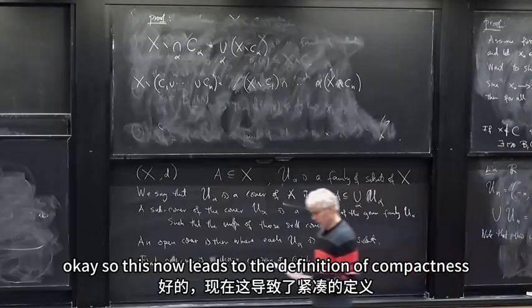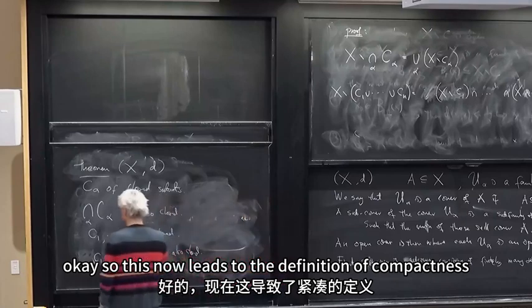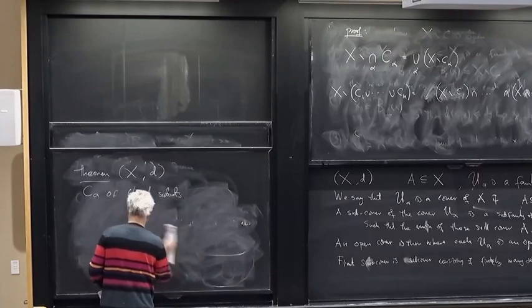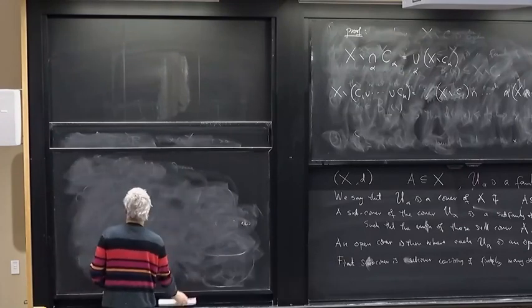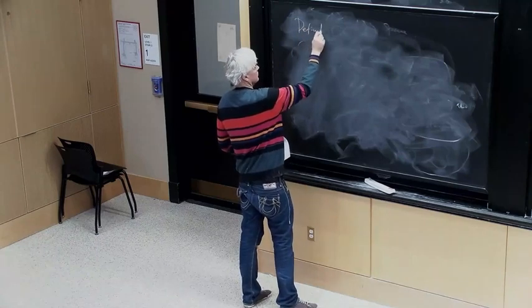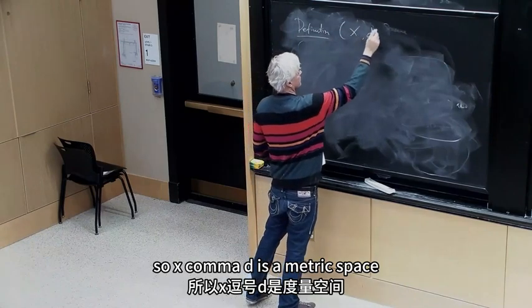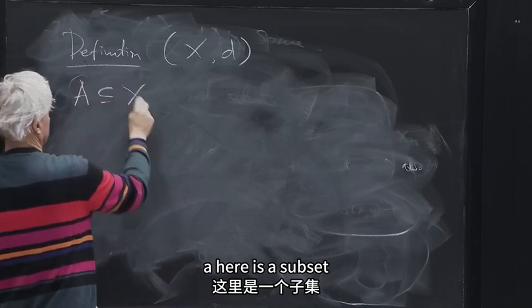Okay, so this now leads to the definition of compactness. So you have a metric space (X, d), and A is a subset.